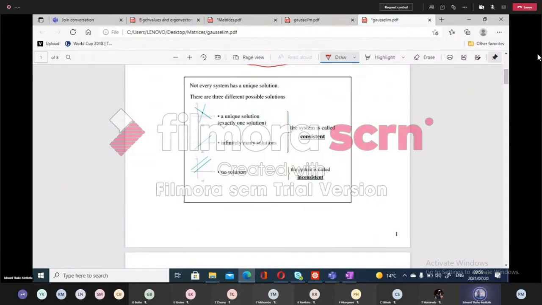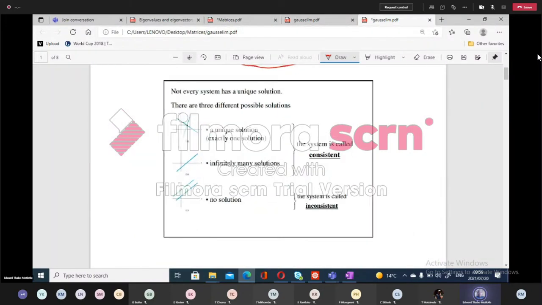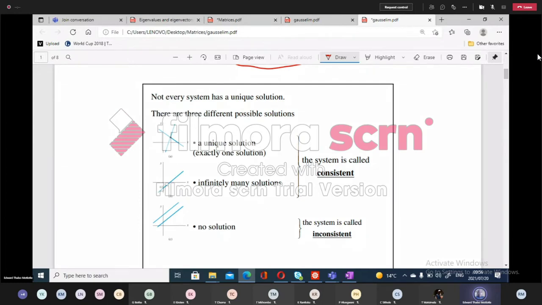Here they're explaining, I'm going to maximize it. Here they're explaining that we have unique solution, infinitely many solutions, and no solution. If you end up with the first two, you say the system is consistent. So in one of the questions in the assignment, I said test for consistency.